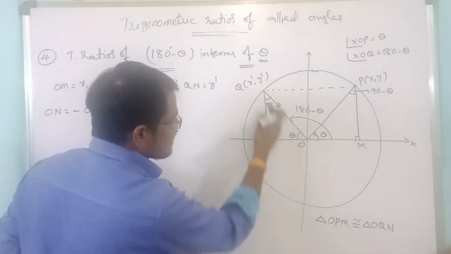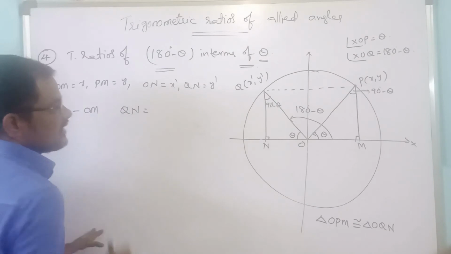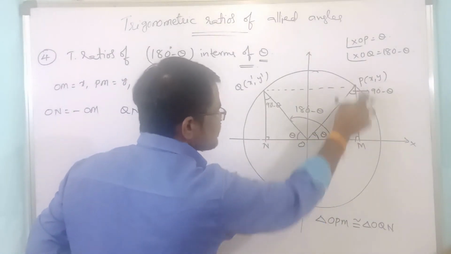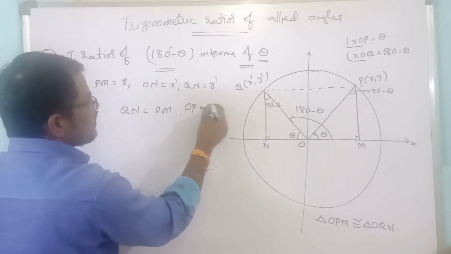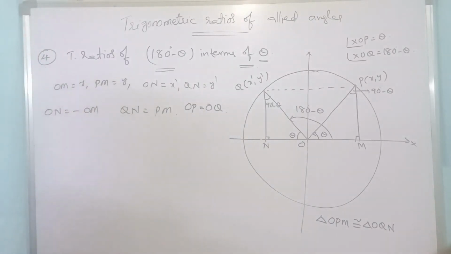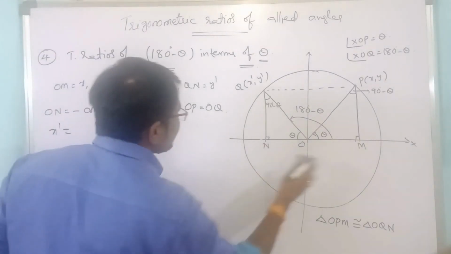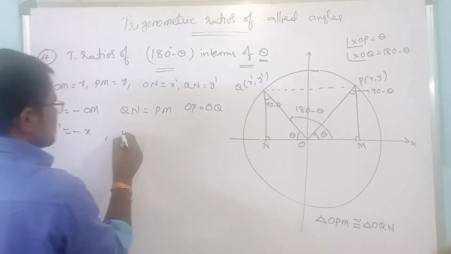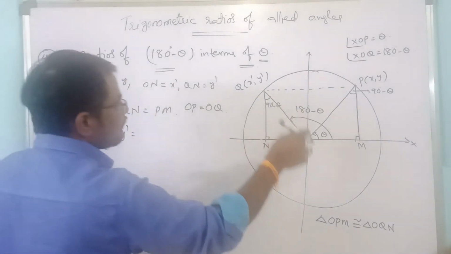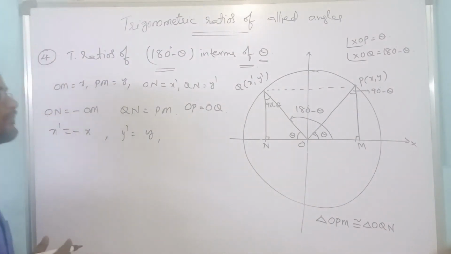And for this angle opposite side is QN. QN is there. And this one opposite side is PM. Both are positive, right? And OP equal to OQ, right? Now ON means x dash equal to ON is minus x. Now QN is y dash equal to PM is y, and this is a radius only, right?